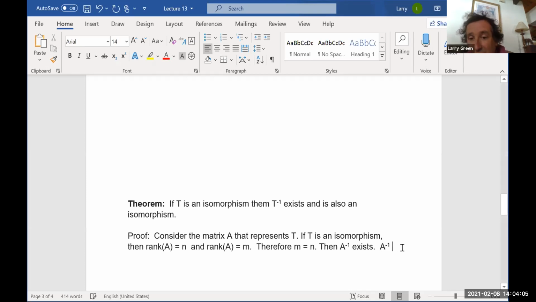That's what A inverse does, right? We've done that a bunch of times. If we have a system of equations you want to solve, and you look at the inverse, that kind of unsolves it in a way. So A inverse is the matrix for T inverse.